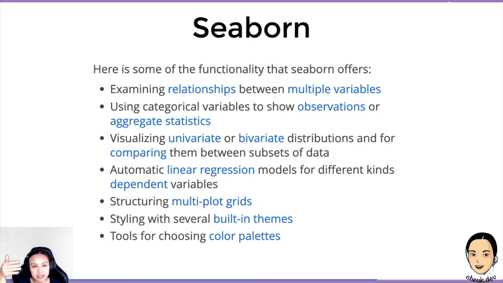Let's say you have a scatter plot and you want to take a regression. If you just use Matplotlib, you have to write some code, perform a linear regression, get the result and then put it on top of your scatter plot. Seaborn can do all of this for you in just one line or two. Actually, one line or maximum two or three.